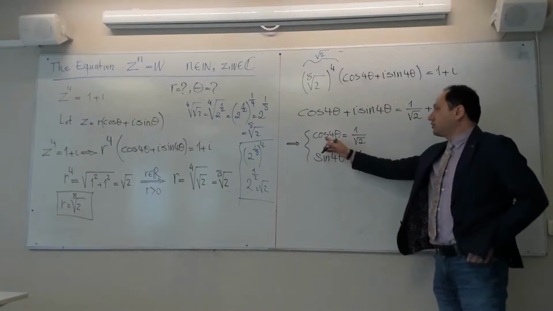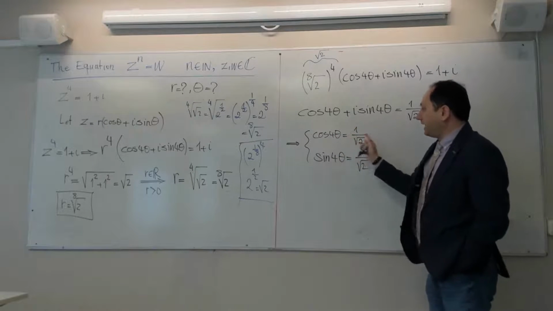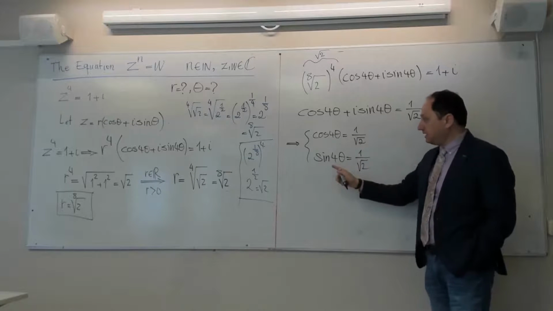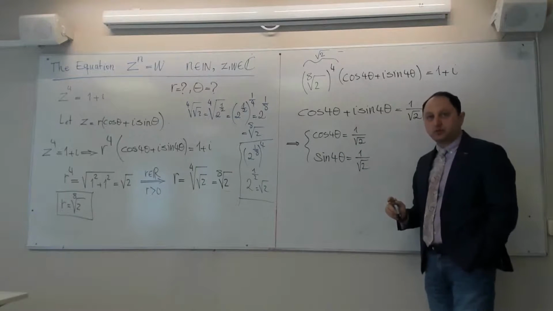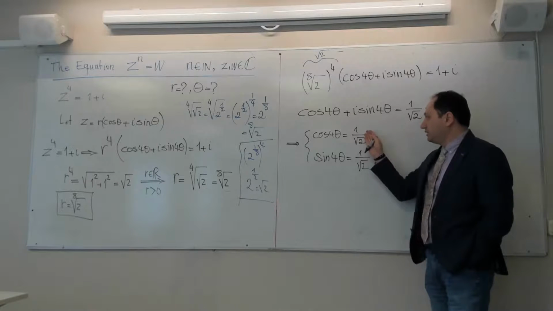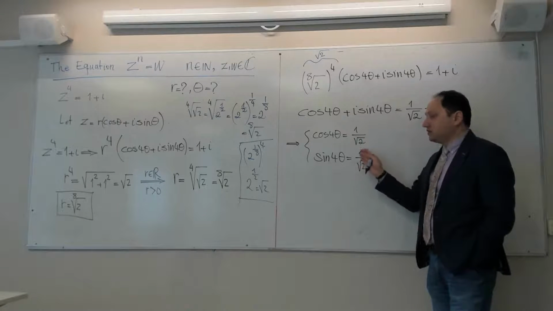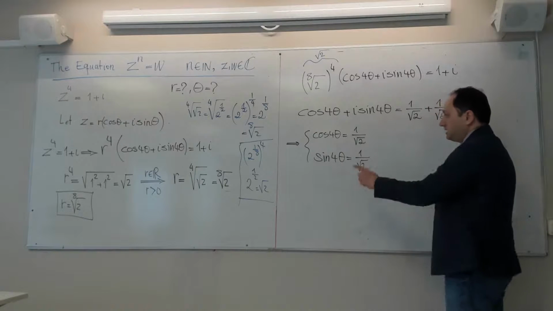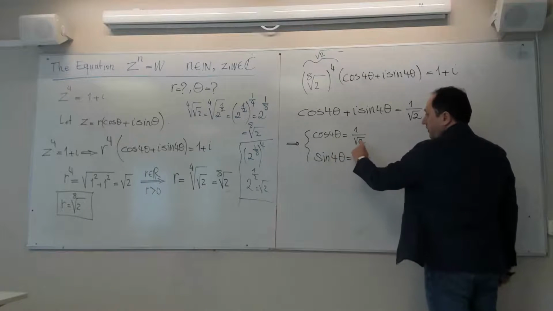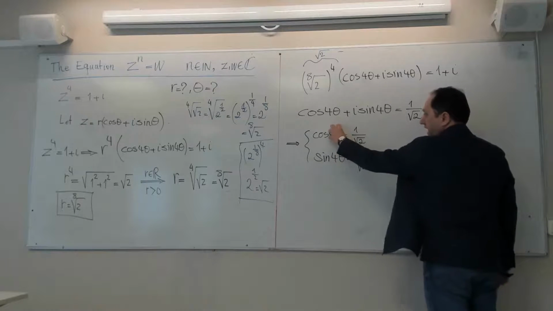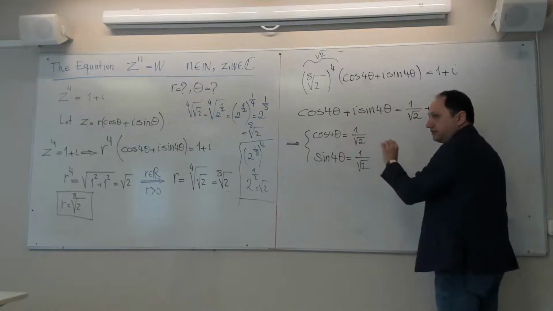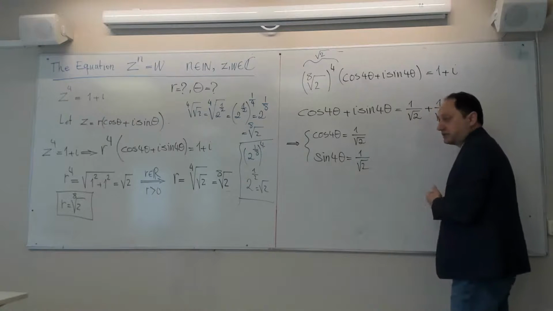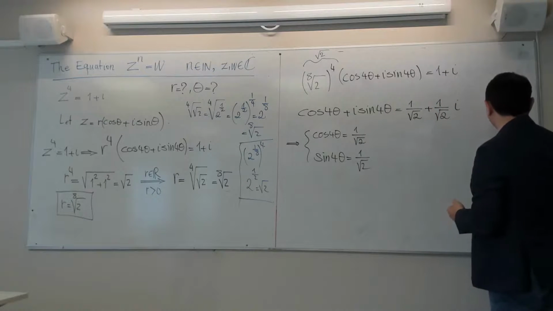Can you give me an angle whose cosine is 1 over square root of 2 and simultaneously its sine is also 1 over square root of 2? If you know these famous numbers, you immediately realize this. By the way, this is important because both of them are positive. So this angle should lie in the first quadrant because the cosine is positive, the sine is also positive. And then that angle is a famous angle.